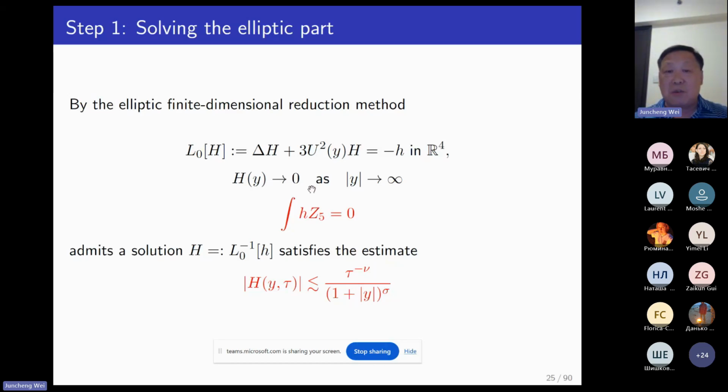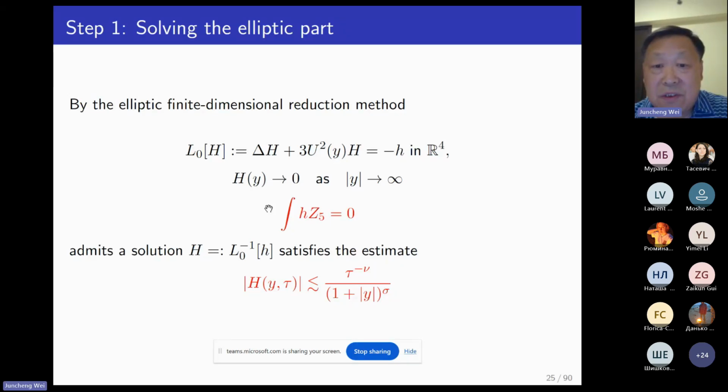But we do assume that the right-hand side is orthogonal to Z5. So first, by elliptic theory, you can use Fredholm, and fix H, and remember H depends on y and tau. So fix H orthogonal to Z5.